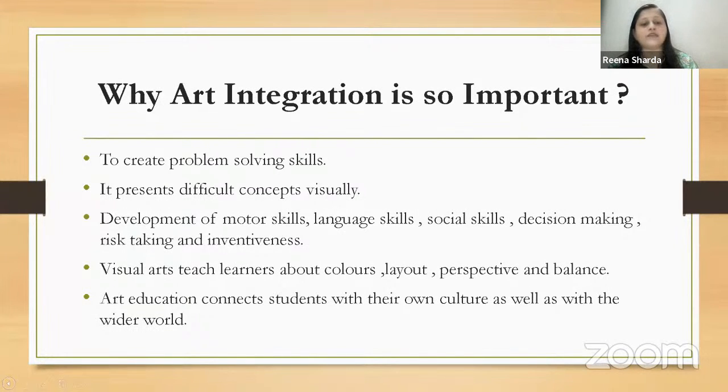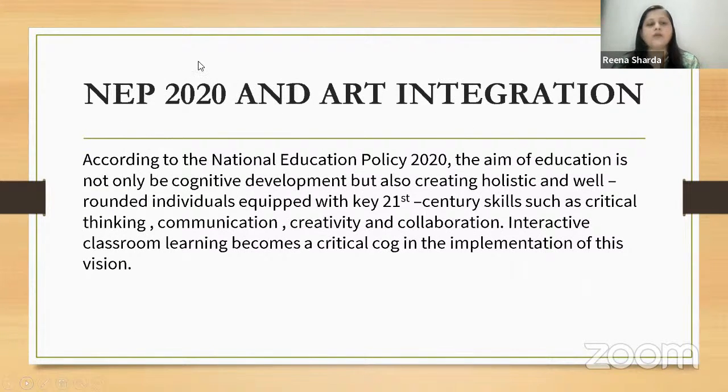Okay, so visual art teaches learners about colors, layout, perspective, and balance. Now, what does our NEP say about art integration? According to our NEP 2020, the aim of education is not only cognitive development, but also creating holistic and well-rounded individuals equipped with key 21st century skills such as critical thinking, communication, creativity, and collaboration.